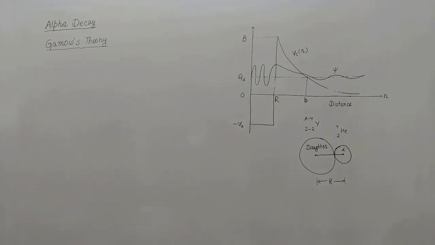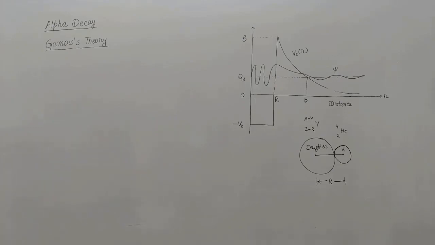He provided Gamow's theory of alpha decay, and on this basis he found the expression of decay probability lambda on the basis of a physical phenomenon known as quantum tunneling. Now, first question is, what are the postulates on which Gamow's theory was based?